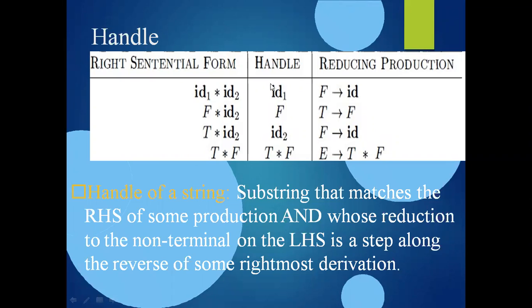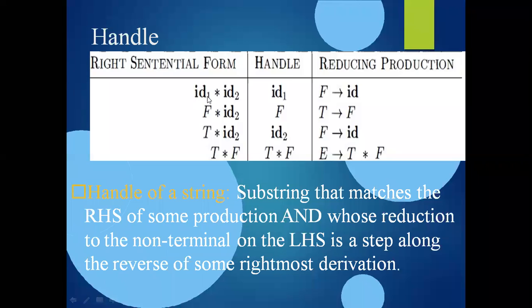Handling means the substring that we handle in the string and reduce by its left-hand side variable, the left-hand side non-terminal. Is it clear now? And all of you note down the example here.